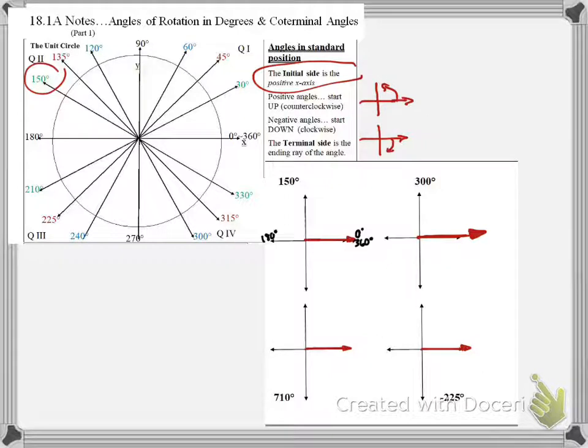So I'm going to start going upward from here because it's positive. And I'm going to go around. And if I went all the way over to here, that would be too far because that's 180 degrees. So I need to back it up a little bit and say, where exactly am I going to?